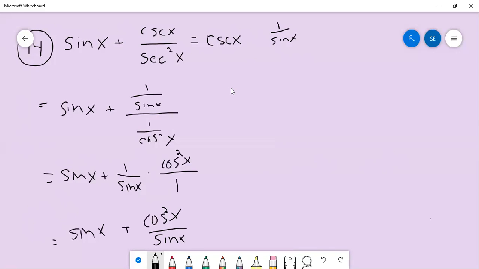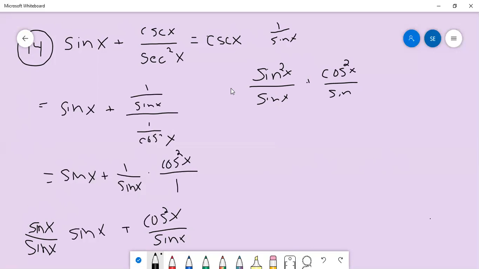But in order to add things, I have to have a common denominator. So I'm going to multiply this sine x times sine x over sine x. So we have a common denominator. So all of this becomes sine squared x over sine x plus cosine squared x over sine x.